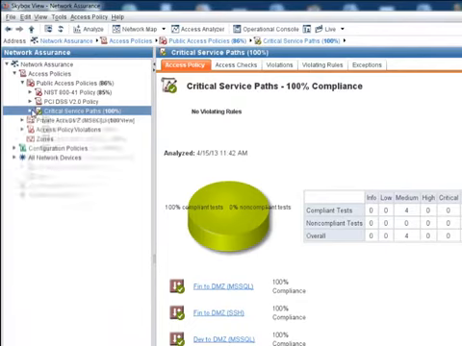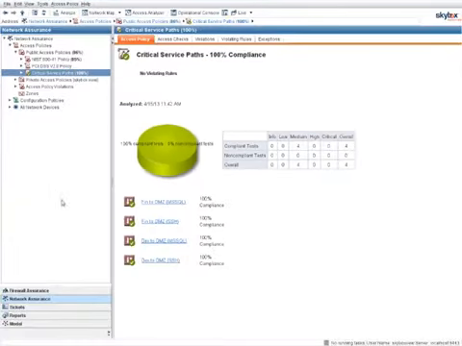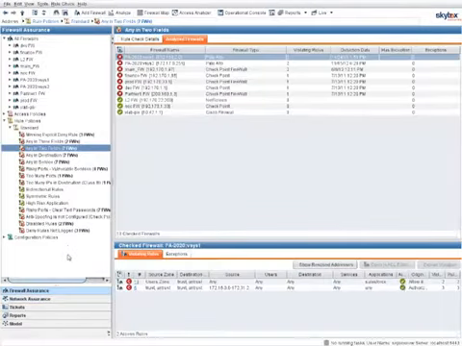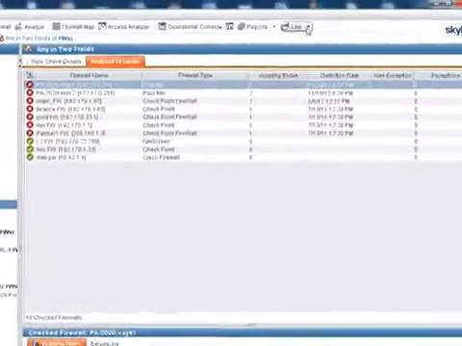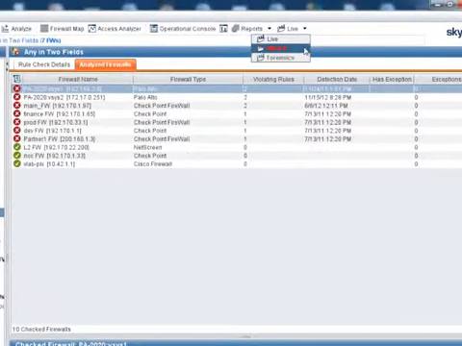The third thing that we would want to understand when making a change is an understanding of how access will change between 2 points on the network by changing a specific rule. One of the features that we'll use in this process is our what if workspace.